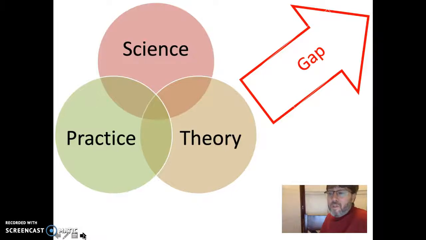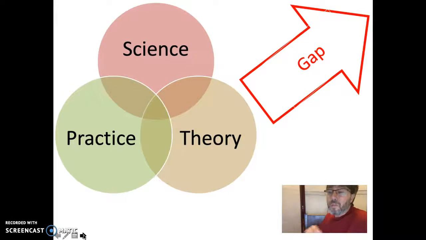But the second one is you want to summarize what's happening in practice. How do you know that there's an issue or problem or challenge in your practice arena? And you do that by summarizing the practice, what's known about your practice setting or similar practice settings. And a third component is you talk about a theoretical framework that's going to help you to understand and analyze this issue in practice.